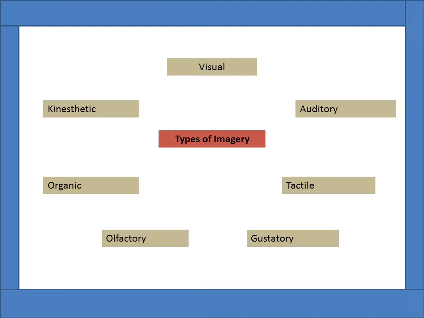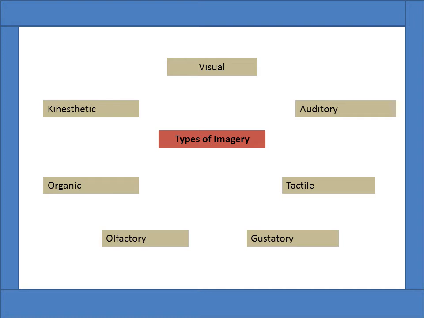The next is gustatory imagery, which talks about what we taste. It's like sweet cake, sour orange. And the next is olfactory imagery. It talks about what we smell, like nice fragrance, bad odor, and so on.